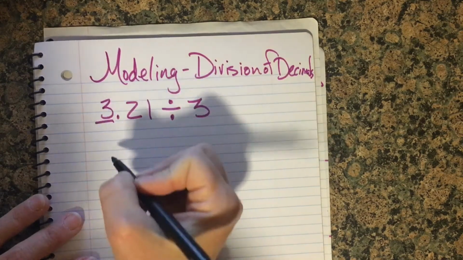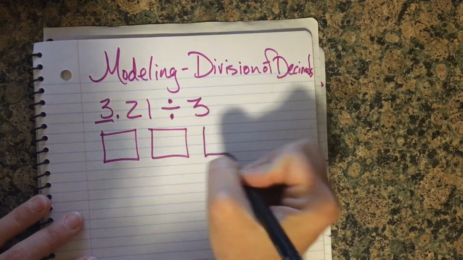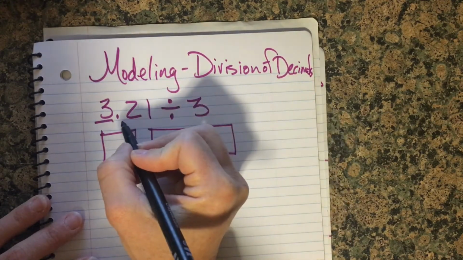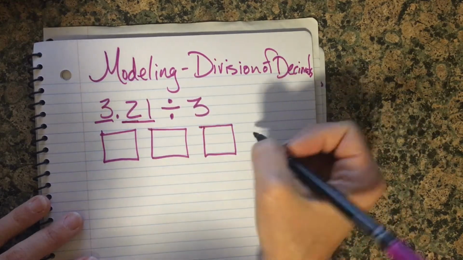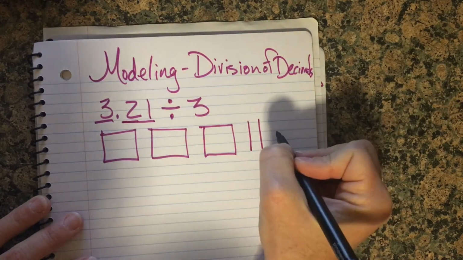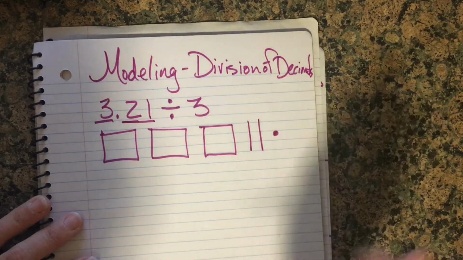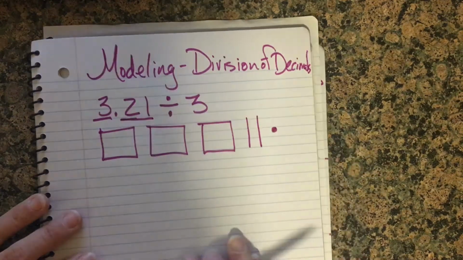So 3 ones would be 3 squares, and 21 hundredths is going to be 2 tenths and 1 tiny block, or I like to use dots.